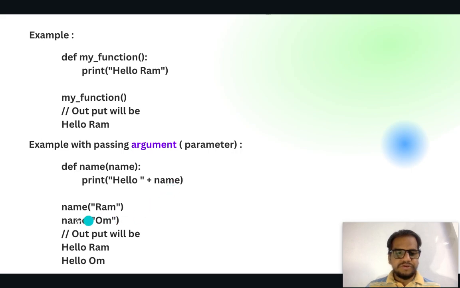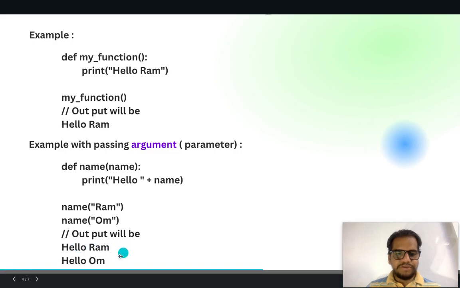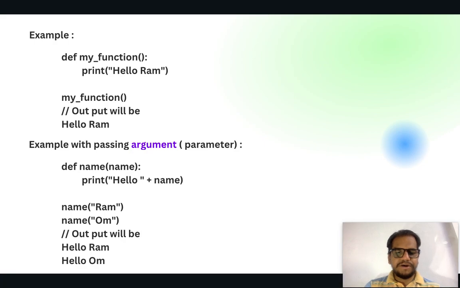So here we can call that function by passing an argument, like name, we are passing one string, ram. Again we are passing name, string is om. Okay, the output will be hello ram, hello om, because we already passed the values in that function. That's why it gives us the same values, right?